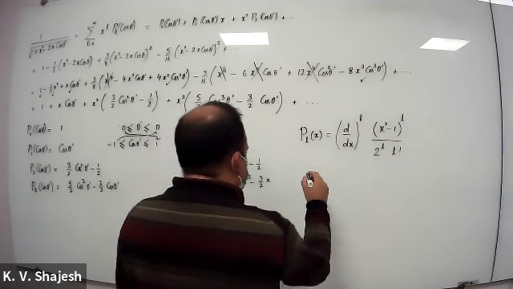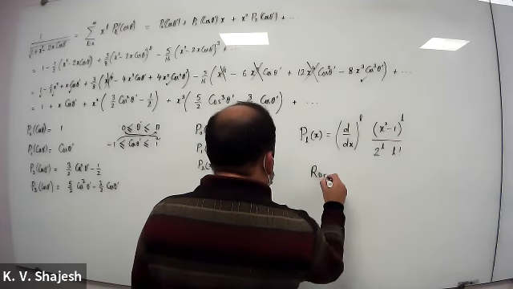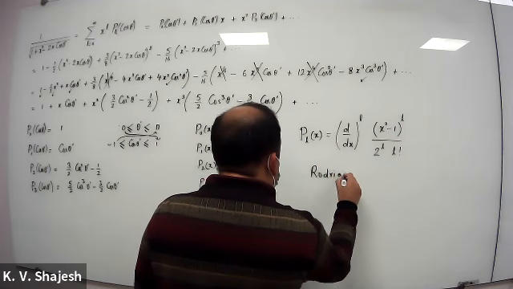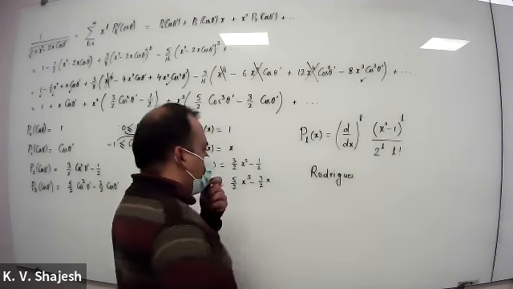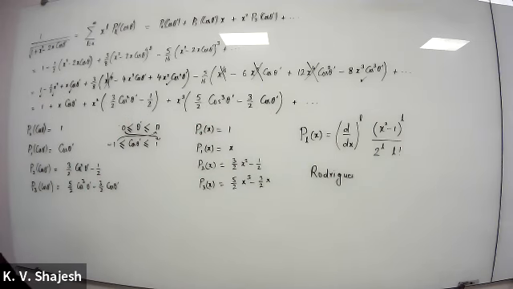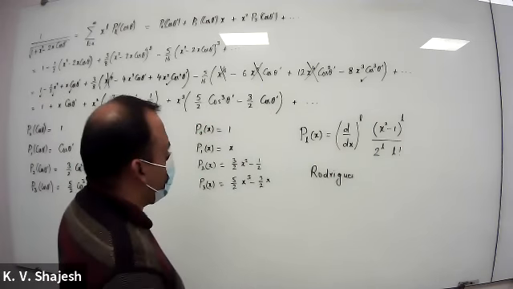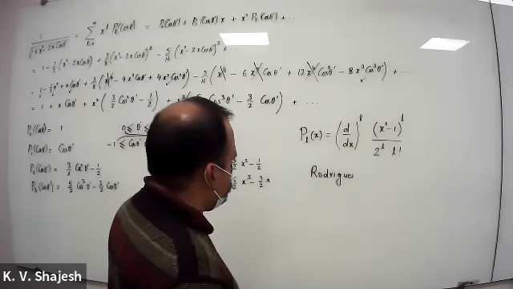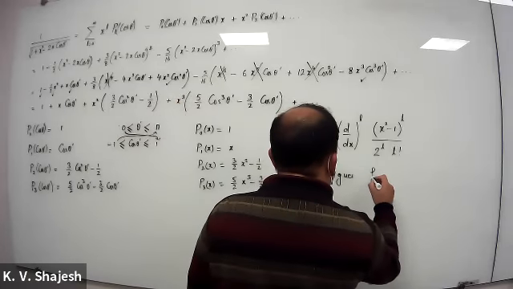This is called the Rodrigues formula. It has only recently been called that; if you look at literature more than 30 years back, it is not very popular, but it must be correct.